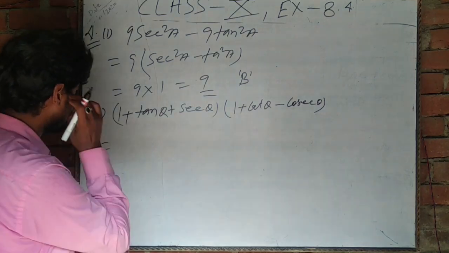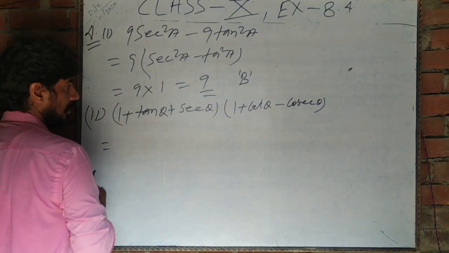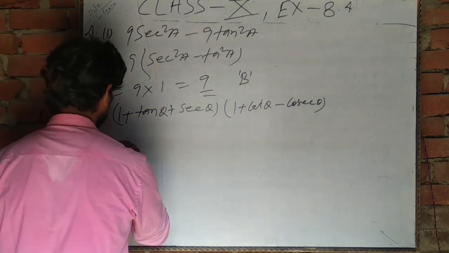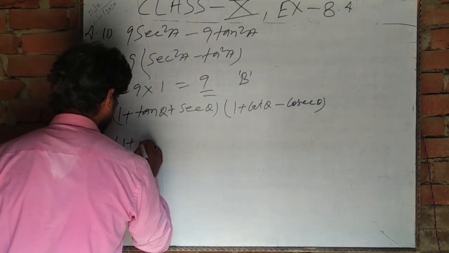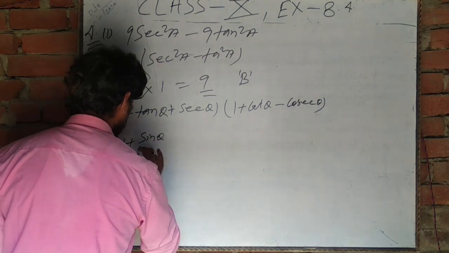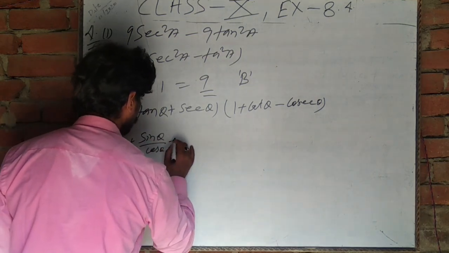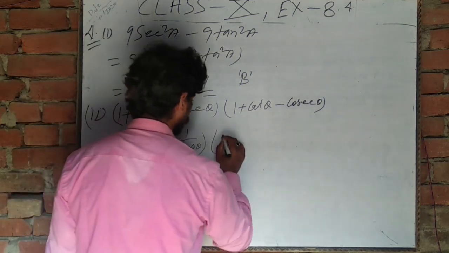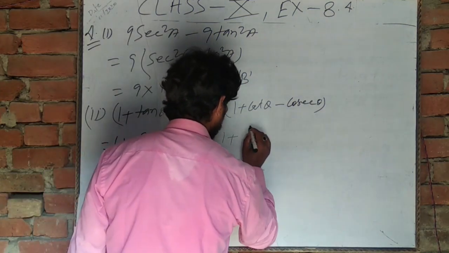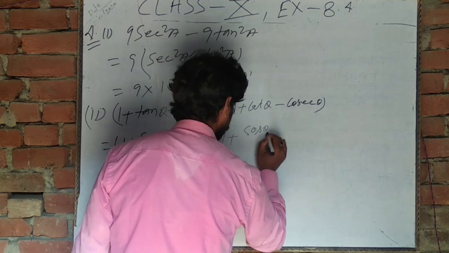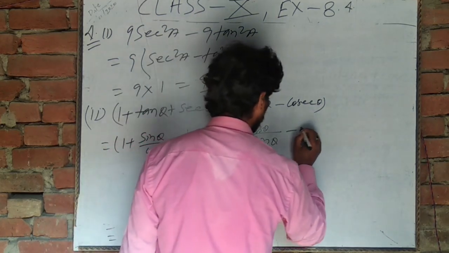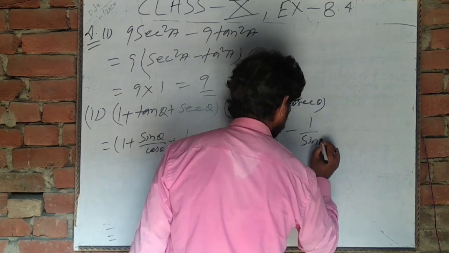It will be solved after changing the other ratios into sin and cos. 1 plus tan means sin theta by cos theta. Sec means 1 by cos theta. 1 plus cot means cos theta by sin theta, minus 1 by sin theta.